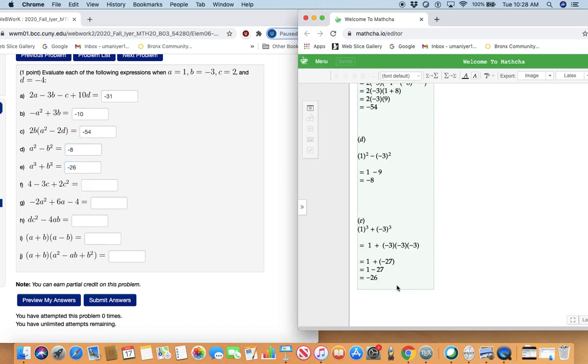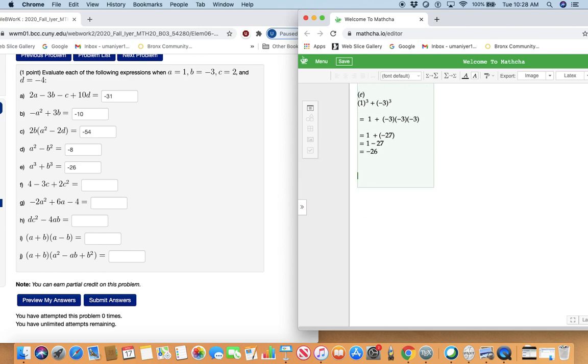All right, F. 4 minus 3 times variable plus 2 times variable power 2. The variable in both cases is C. C is 2. So I go in and fill in the parentheses. Make sure you replace every variable by parentheses first.